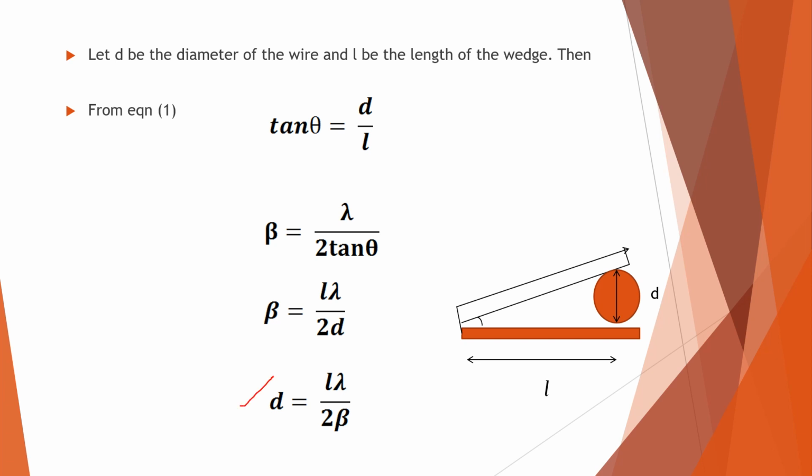Please remember this equation. You will need this for doing problems, as well as there is an experiment called air wedge in your lab course. There also you are using the same equation. D is equal to lambda L by 2 beta, where L is the length of the wedge, lambda is the wavelength of the incident light, and beta is the bandwidth.